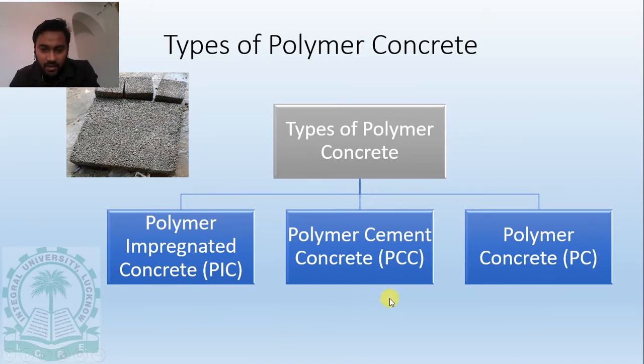Polymer cement concrete and polymer concrete have specific applications and need very special care in production. So it is not very common to use these types, but PIC is very common, if you compare with these two types.